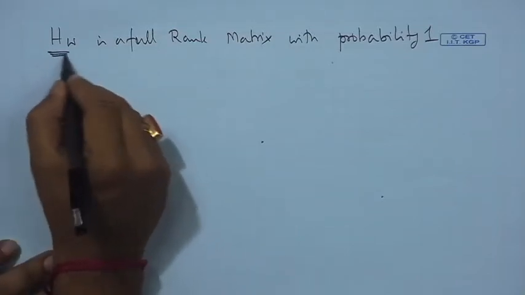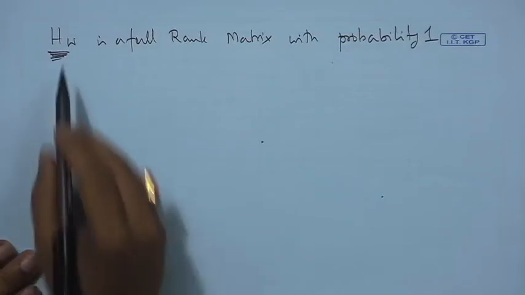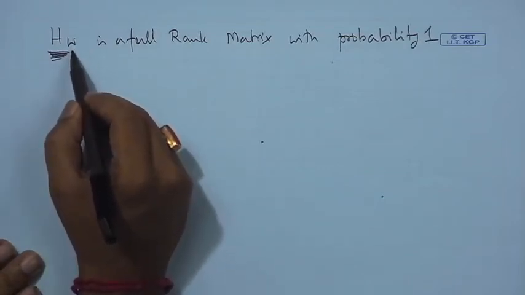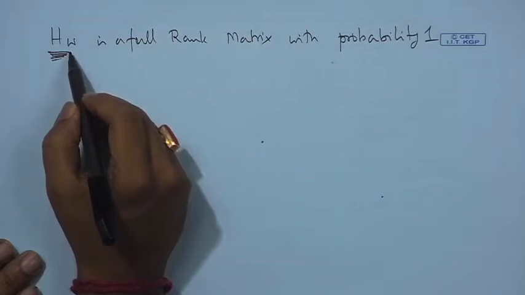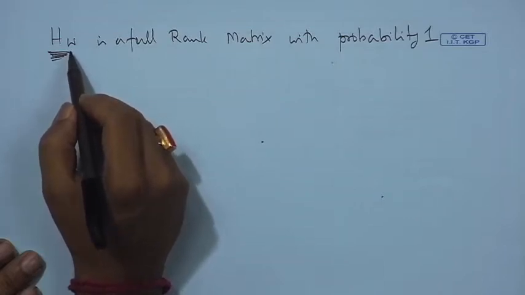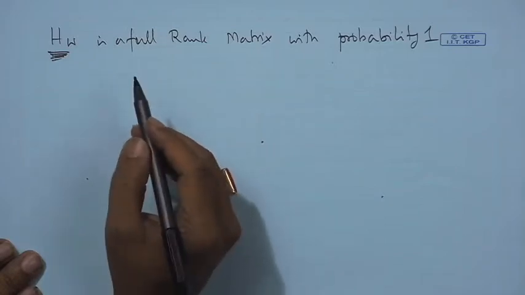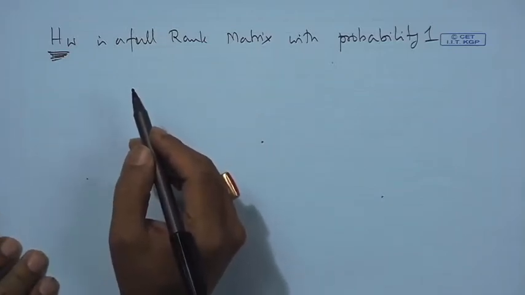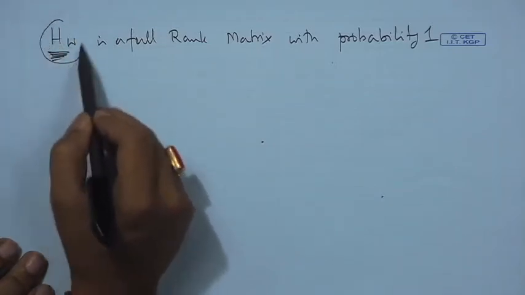This is very important to consider. We should remember that H_W is random, because it contains MT cross MR number of elements. Each of the elements is complex Gaussian, zero mean and circularly symmetric. So, those are the H_W entries.